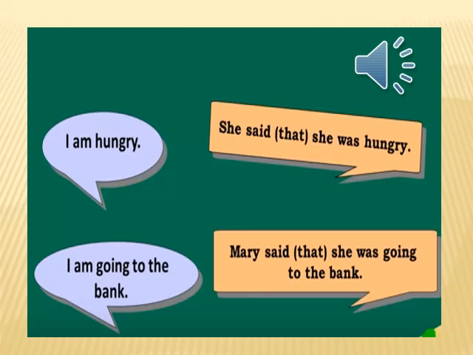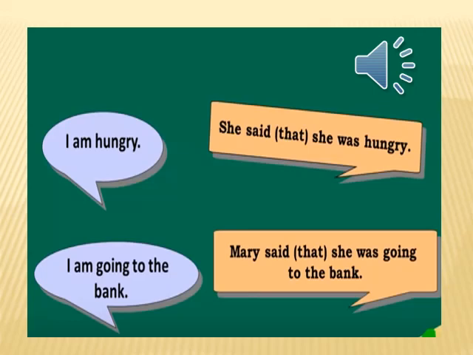Let's look at another example. "I am going to the bank." Here our speaker is Mary. Let's see how we're going to change the sentence into indirect. Mary said, here we are going to add that she was going to the bank. Now let's analyze. The first thing, do you see inverted commas?